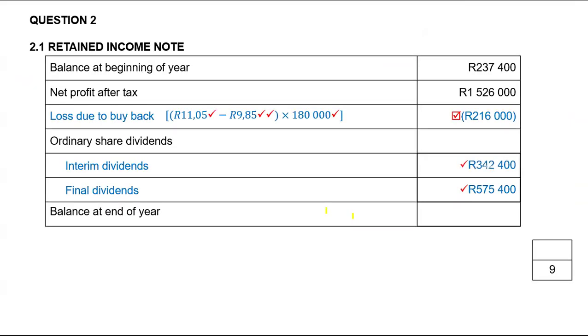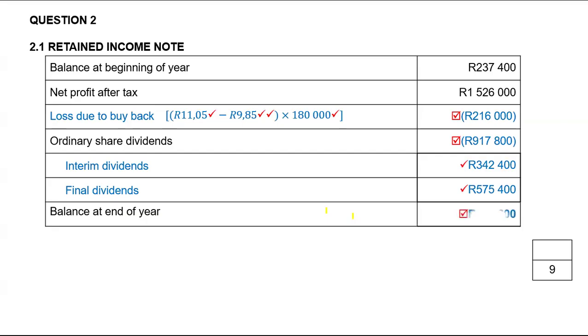Once you have your interim dividends, you just add your interim plus final to get your ordinary share dividends. You put them in brackets. And then you will take 237,400 plus 1,526,000 minus 216,000 minus 917,800.